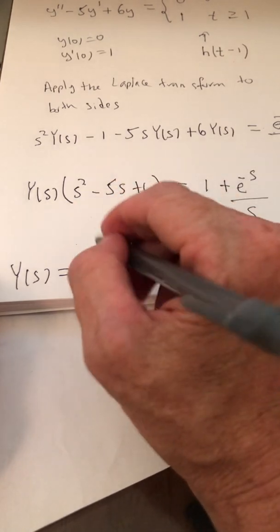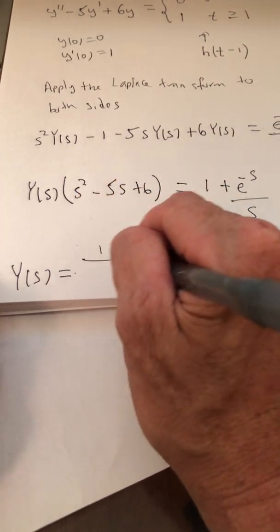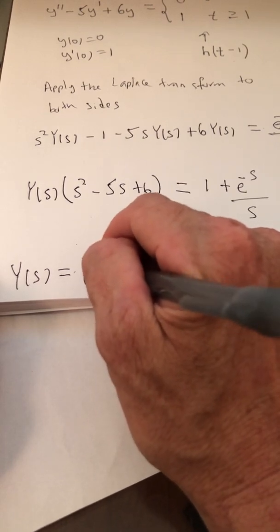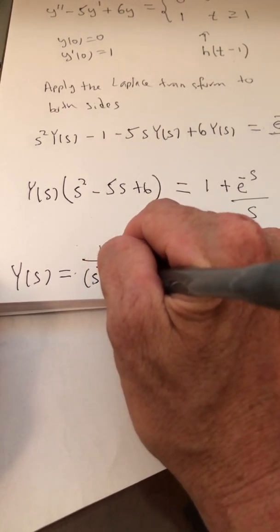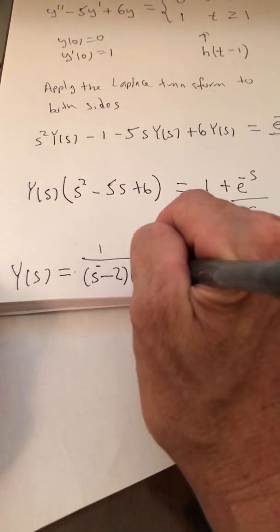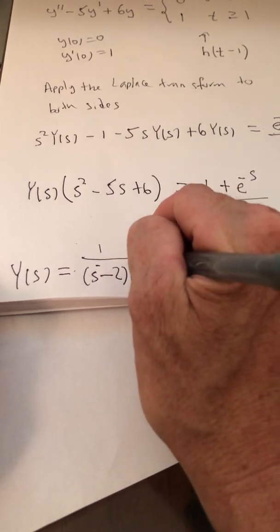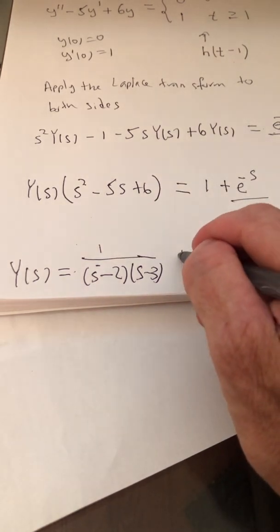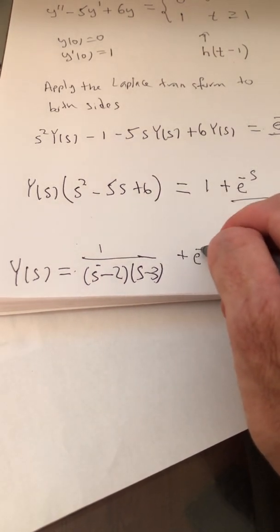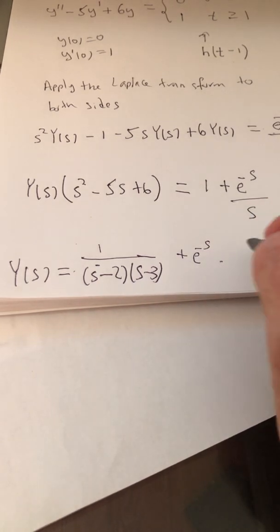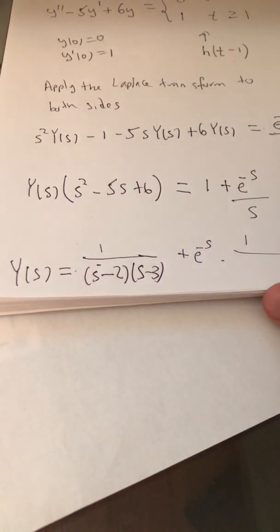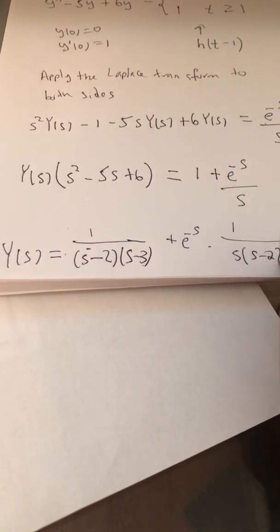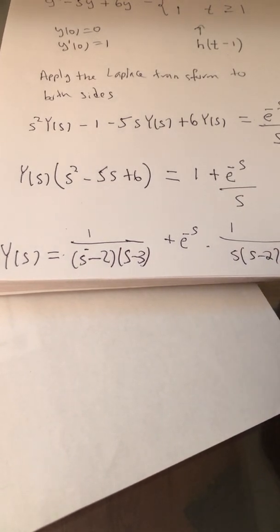But you may notice that that trinomial can actually be factored. That is s minus 2 times s minus 3. And we'll have plus e to the negative s times 1 over s times s minus 2 times s minus 3.